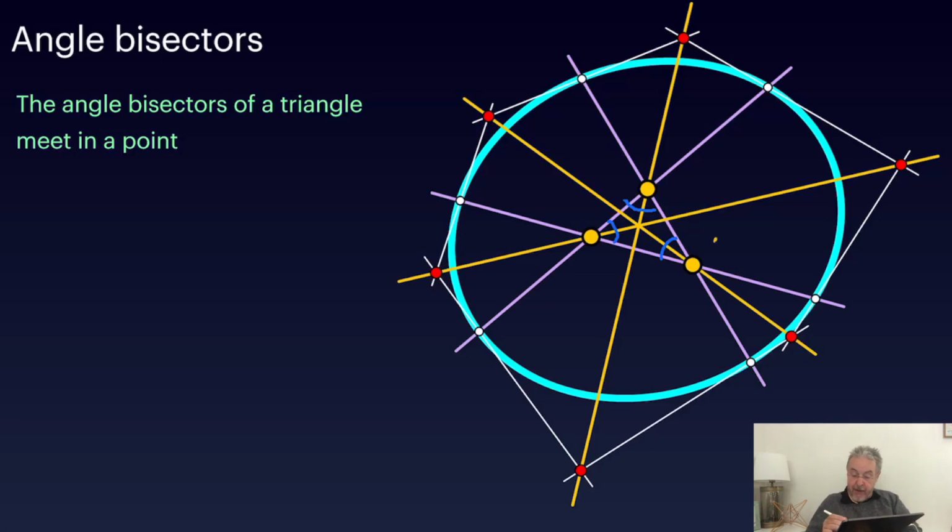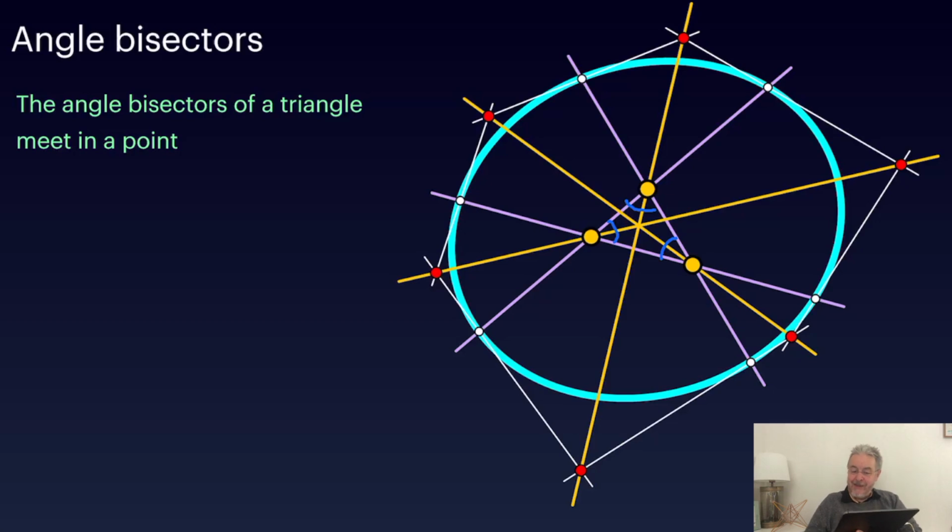You remember in these directions here, you will also get some angle bisectors. And if you do the construction, it turns out that they will also meet in points. But you see, I'm not able to draw straight lines here. So let's simply erase them again.